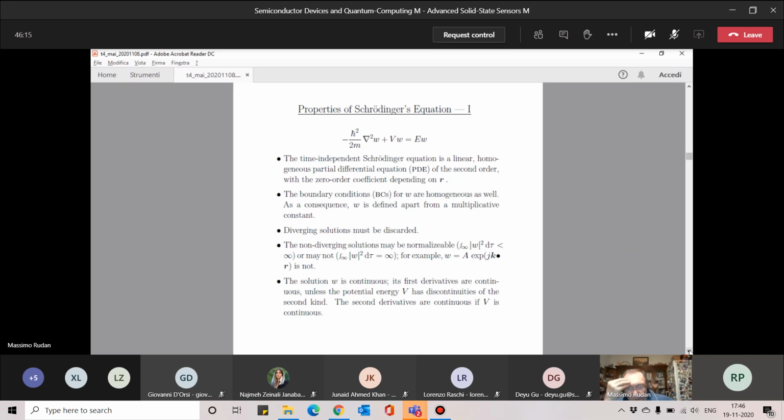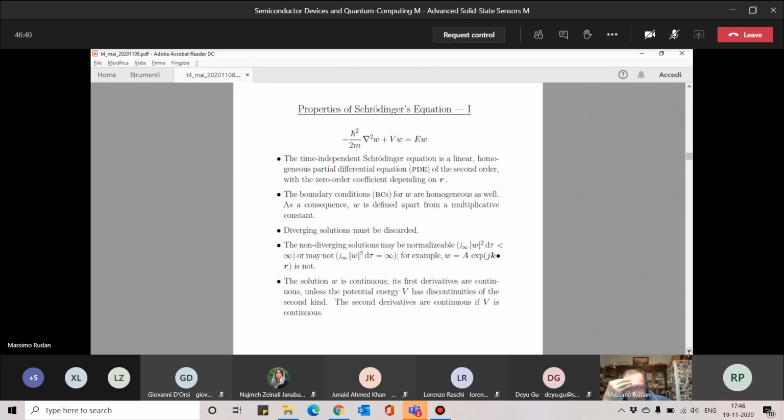What about the continuity of the wave function? Of course, it is continuous in space because since W fulfills a second order differential equation, W must be derivable twice.